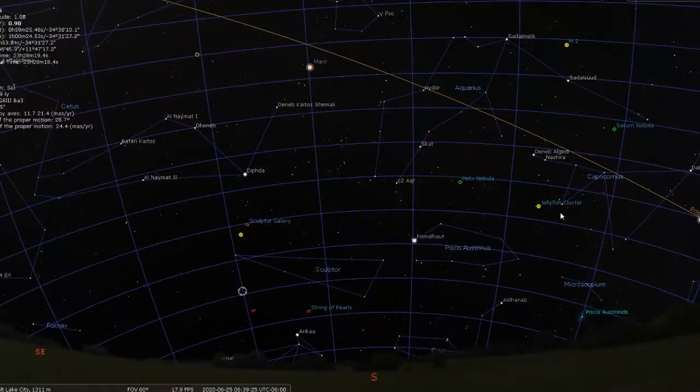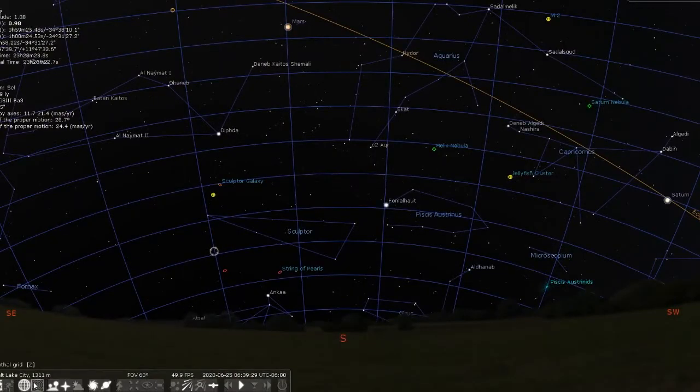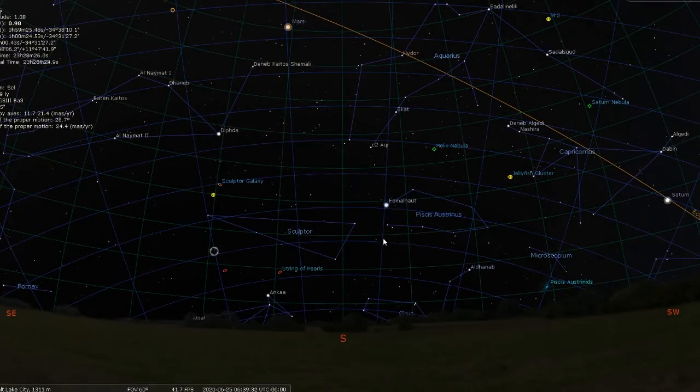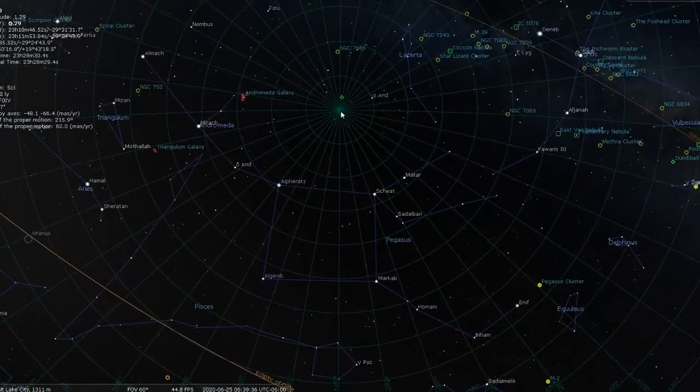So a couple other things that you need to know is you'll hear some terms called the nadir or the zenith. If you come back to here, let's switch this over to your local grid, your altitude and azimuth. Your zenith is going to be straight up. So if somebody's like, okay, we're going to look at something that's close to the zenith, Andromeda Galaxy is there, that means it's in a good position to be taking pictures of.